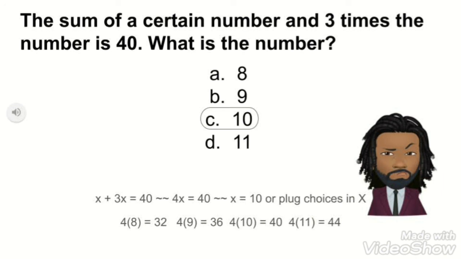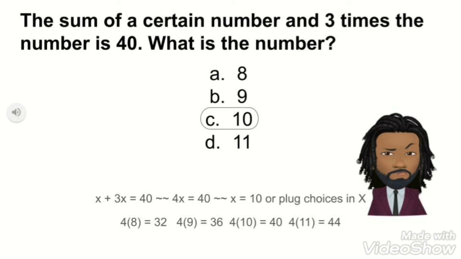And again, I got that just by saying, okay, the sum of a certain number and 3 times the number. The sum means add a number and 3 times that number. So add x and 3x. That'll give you 4x on that side. And that sum equals 40.